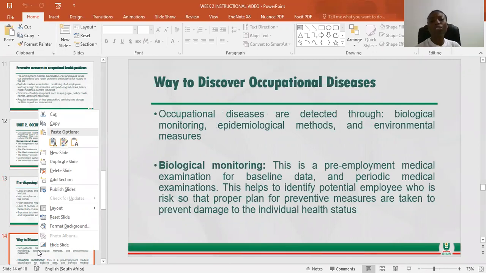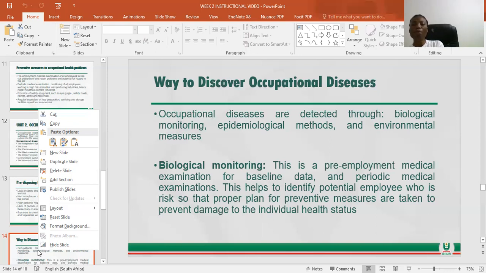What are the ways to discover occupational diseases? When you say occupational, how do you detect occupational disease in any industry? We see that it can be detected via biological monitoring, epidemiological method, and environmental method. And what do you understand by biological monitoring?